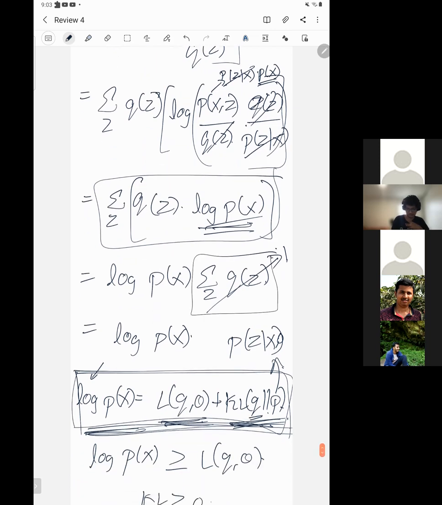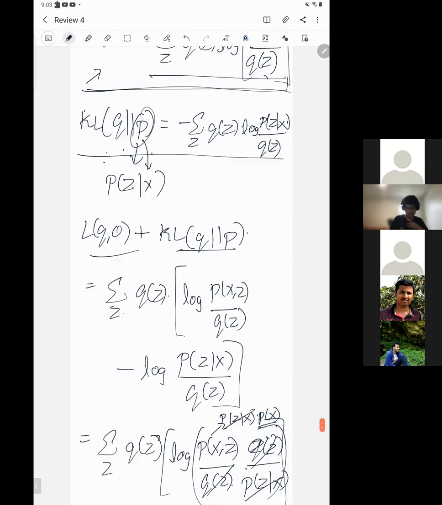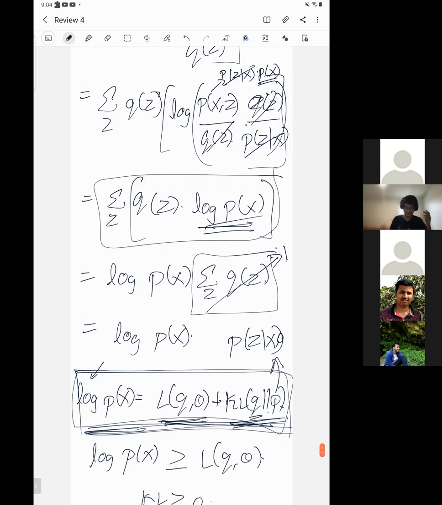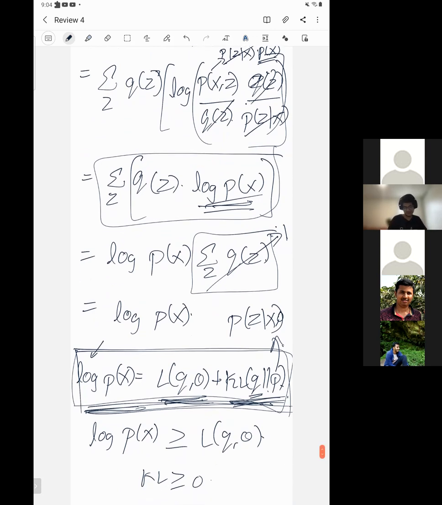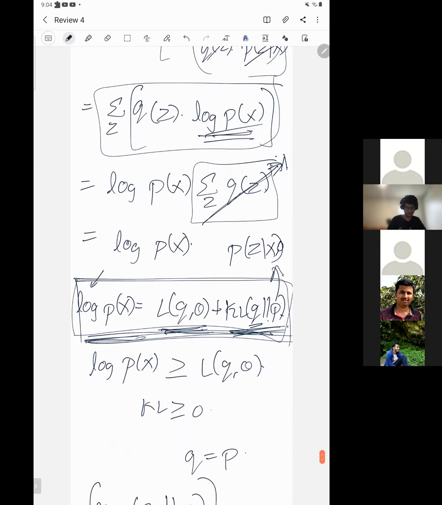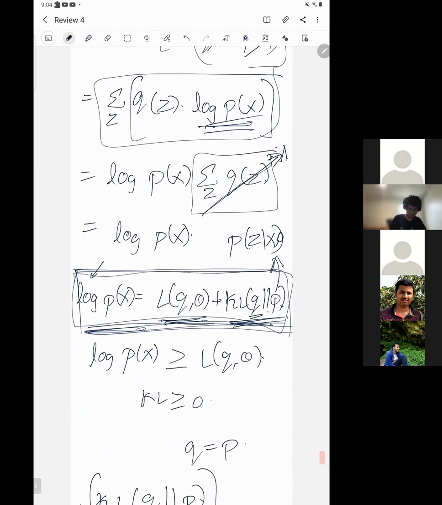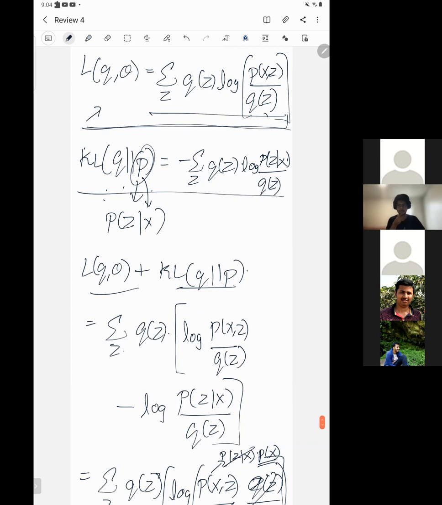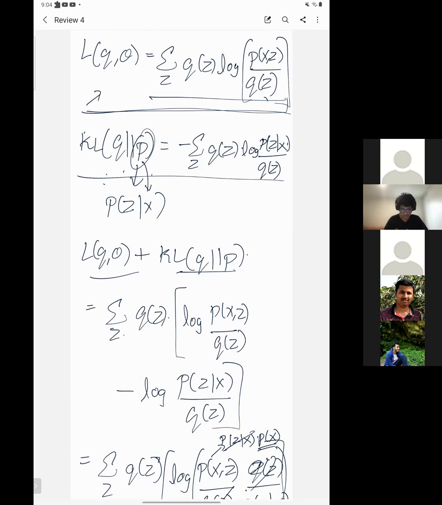Because we assume z is a discrete distribution, this sum comes out to be 1 and just disappears; if z was continuous, it would have been an integral sign. We are left with log p(x), and from there we have this equation. But in this, we started out assuming p is the posterior of z given x. I hope that's clear. I hope you have no doubts on this.